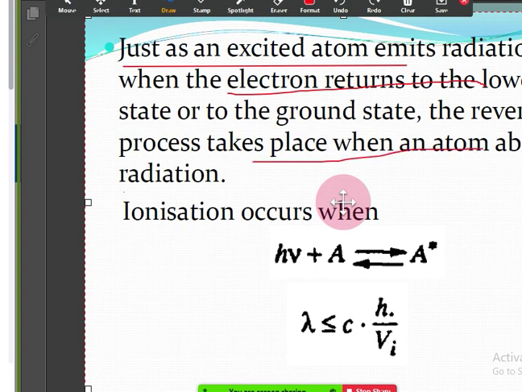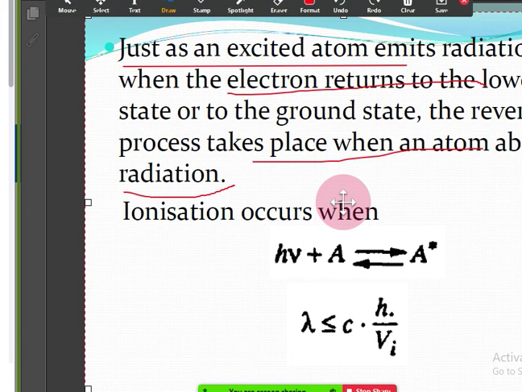So the process is reversible. By absorbing radiation, the electrons will jump to outermost orbits. That is possible, and the reverse is also possible. Whenever electrons jump from higher orbits to lower orbits, it will emit radiation. So the process is reversible.